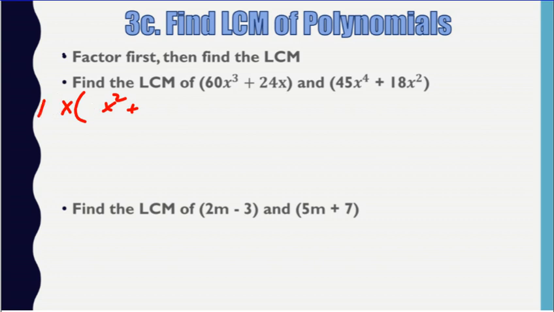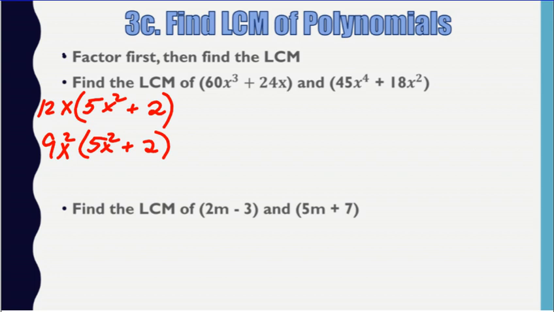So 12x, 60 divided by 12 would give us 5. 24 divided by 12 gives you 2. The other one, I can take out a 9. And I can take 2 x's out, so x squared. That leaves you with 5x squared plus 2.